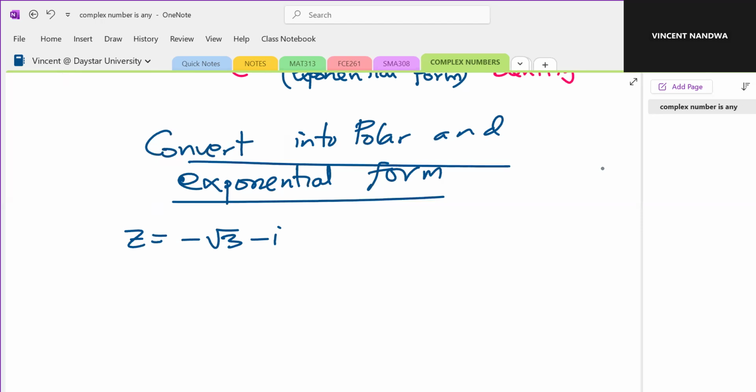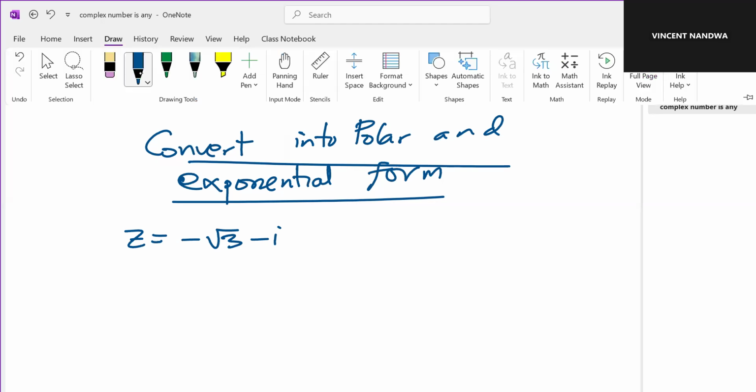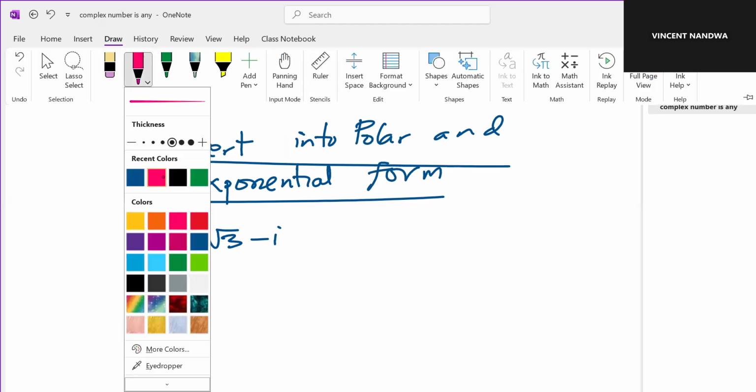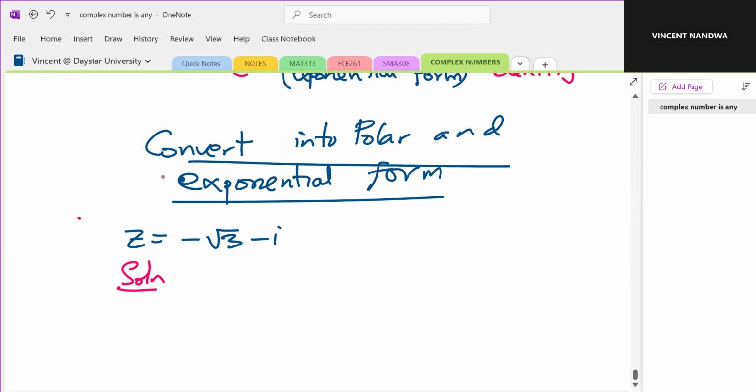One is to write the number, or write z, in terms of sine and cosine. And before you do that one, you need to know the angle theta in the definition. So solution, first find r, which is actually the modulus of z.